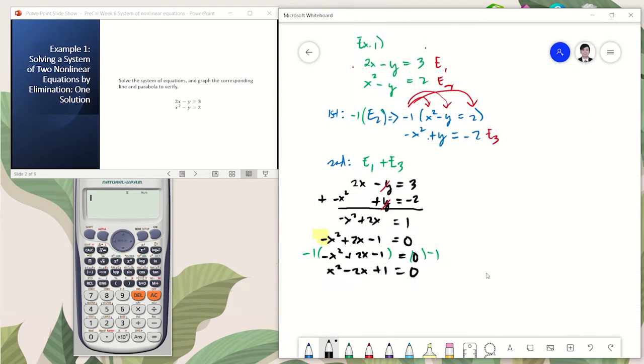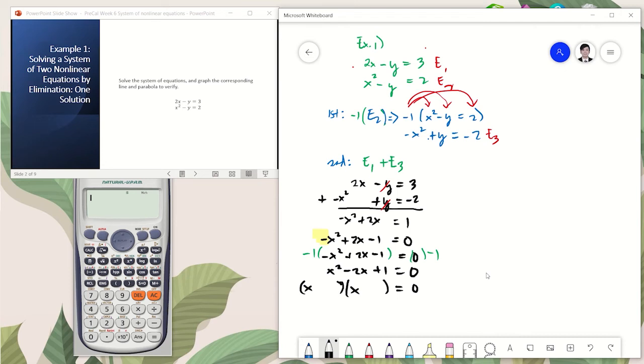Then factor this out. This is a quadratic trinomial. So we would have parentheses in here. Then x, because x times x is x squared.